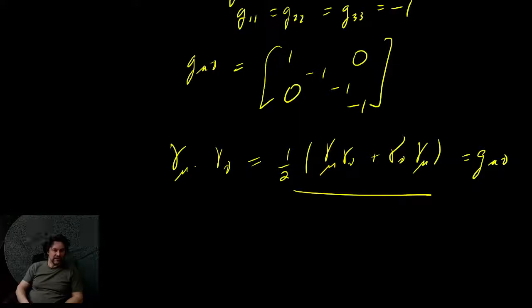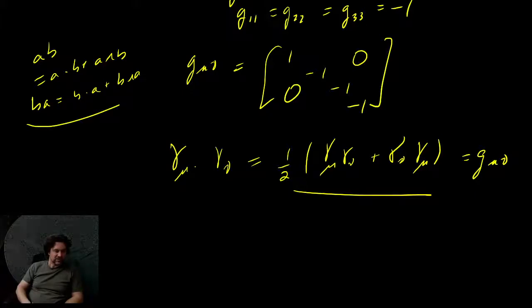In geometric algebra, we take two vectors and we multiply them together. We get ab equals a dot b plus a wedge b, and ba is b dot a plus b wedge a, which is minus a wedge b. You can merge these together to come up with a dot b is half of ab plus ba, and a wedge b is half of ab minus ba.